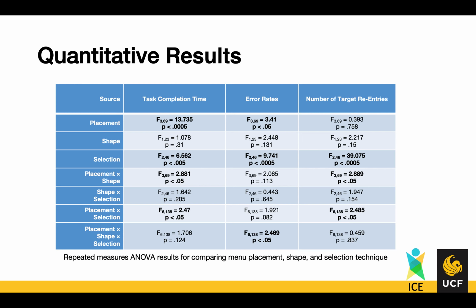We used a repeated measures ANOVA for each dependent variable. For the ANOVA results that are significant, we performed pairwise sample t-tests to see which conditions are specifically significant. This is the table that shows our repeated measures ANOVA results.